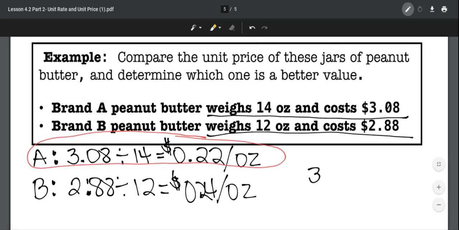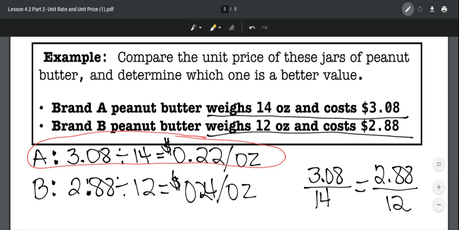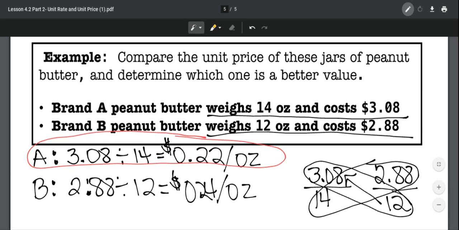So if I compare $3.08 to the 14 ounces with $2.88 with the 12 ounces, and I'm sorry that equal sign is a force of habit, when I cross multiply going in an upward motion, I would get that 12 times 3.08 gives us 36.96.